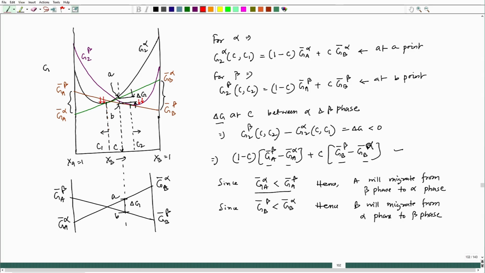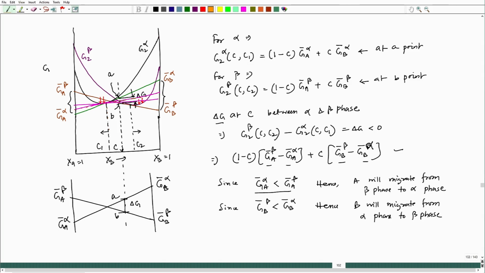So, now if that happens and if we start drawing the tangent over those switched points because of that migration, we see that this particular tangent over alpha gradually would switch like this, fine. And similarly, this beta point would also switch like this.